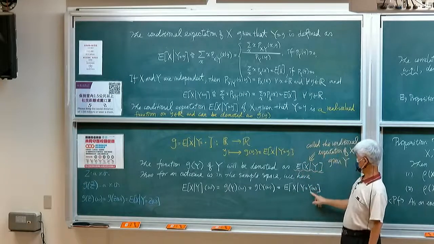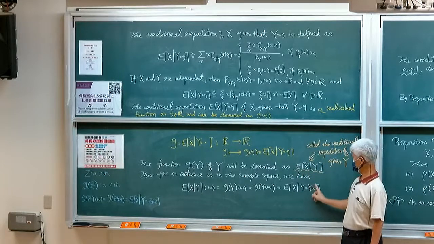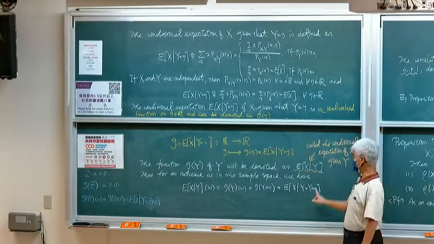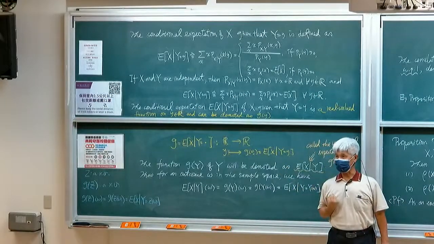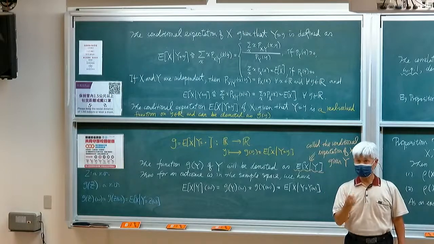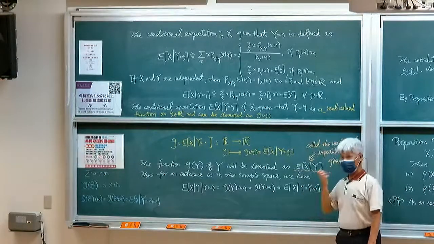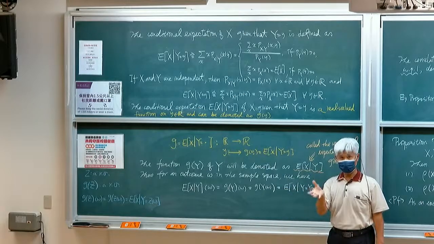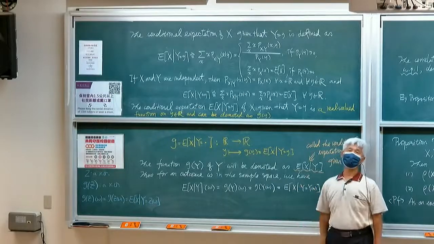For this specific measurement result Y of omega, Y is the measurement device, omega is the outcome of our random experiment, and Y of omega is the measurement result. With this measurement result of Y, we know the expectation of X.